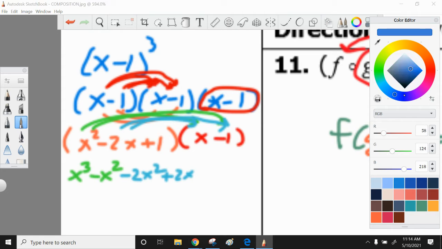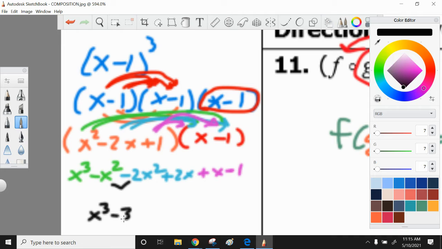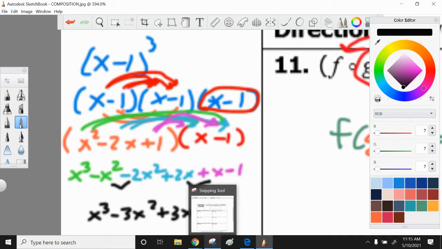And then take the last one times them both. Plus x minus 1. Simplify this all together. These two need to combine. That would be negative 3x squared. These two need to combine. That would be positive 3x. That's not combined with anything. Should be minus 1.